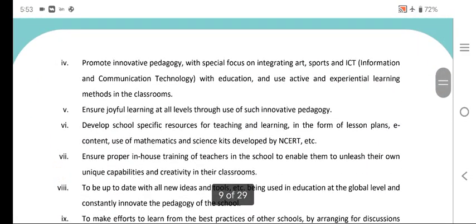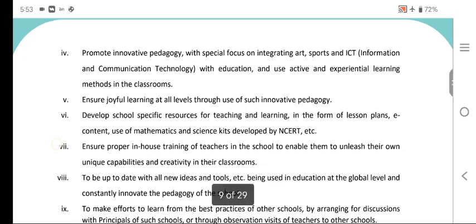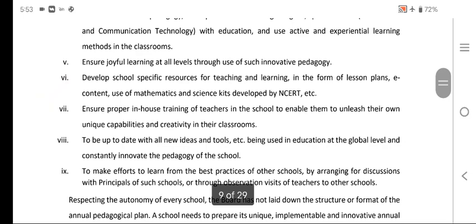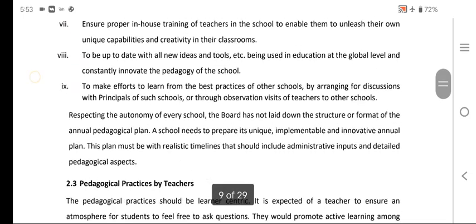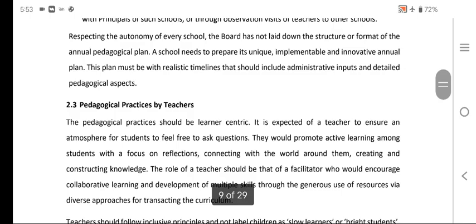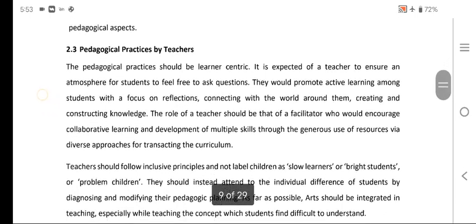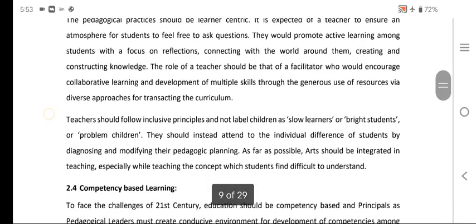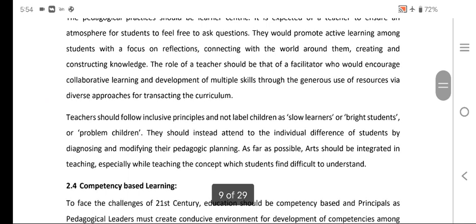These are all related to this: promote innovative pedagogy, ensure joyful learning, develop school-specific resource material, ensure proper in-house training. These are all part of pedagogy and pedagogical practices by the teachers. I have already discussed the pedagogical practices. Here an important part will be that teachers, in the secondary curriculum, the same thing has been shared by the CBSE.